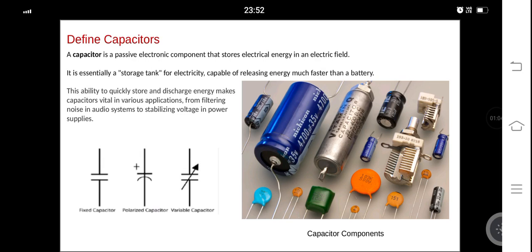If you see this image on the right-hand side, there are multiple capacitors of different types. This ability to quickly store and discharge energy makes capacitors vital in various applications, from filtering noise in an audio system to stabilizing voltage in power supplies.